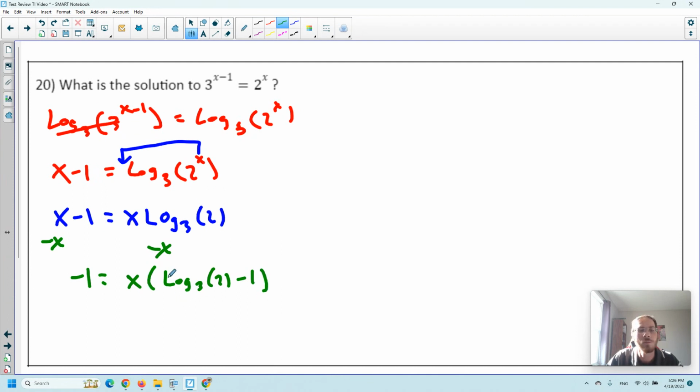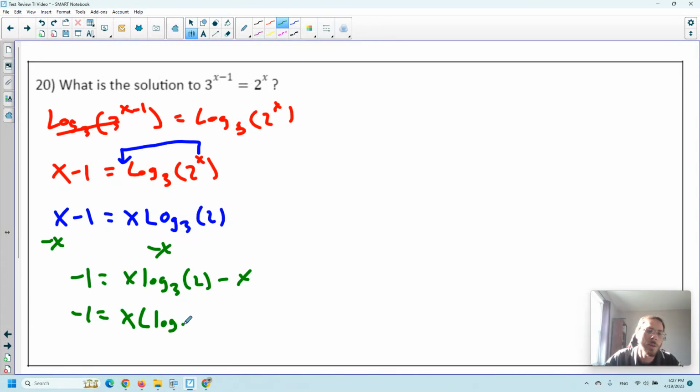Because again, you know what, let's write it all out. Let's write it out before we do this. We'll go slow. So x log base 3 of 2 minus x. What we're doing is a GCF. Since these both have x, we'll GCF out that x: x times log base 3 of 2 minus 1. Because if we were to distribute, x times log base 3 of 2 is x log base 3 of 2. x times 1 is x.